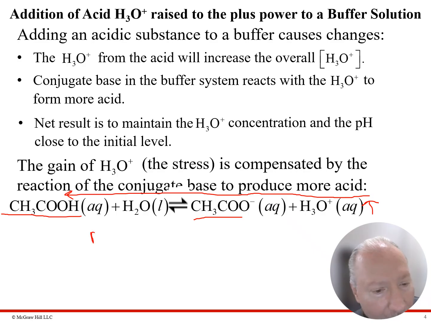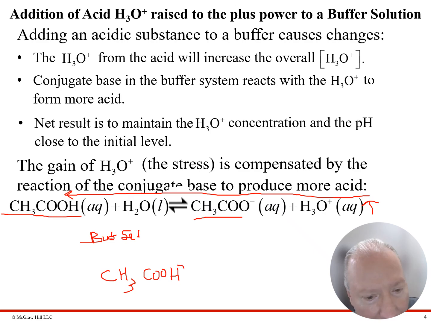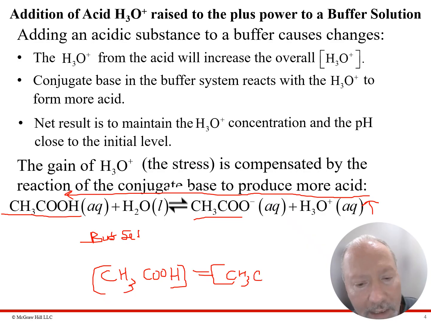So to make a buffer, if we were to be as simple-minded as possible, which is good sometimes, we have CH3COOH, the buffer we create, and I'm going to put brackets around here to represent concentration, and then we're going to put equals the concentration of CH3COO minus, and then maybe we have sodium here, but sodium doesn't need to be included because it would be a spectator cation anyway, so we can ignore that.